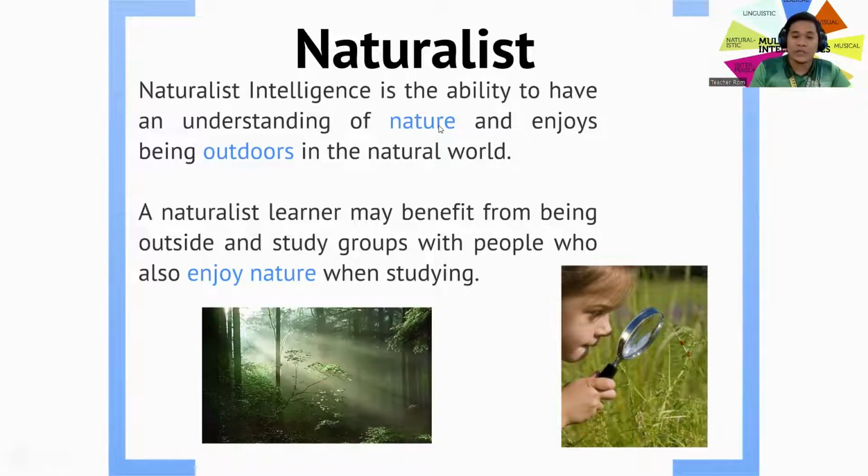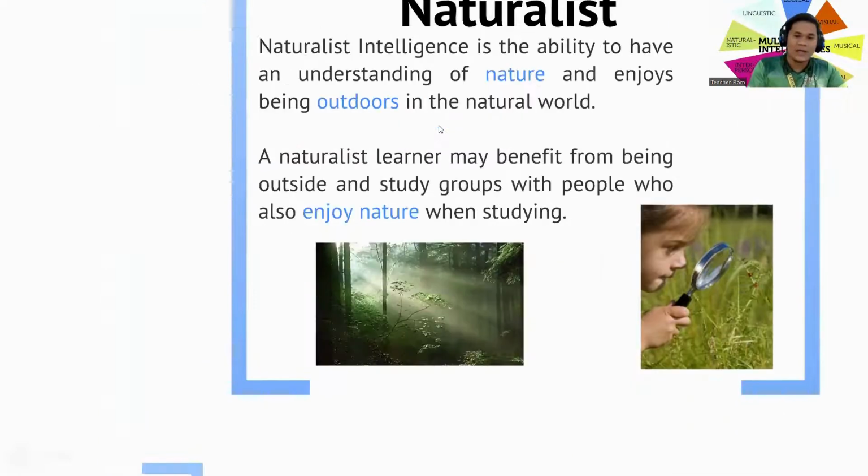A naturalist learner may benefit from being outside or in study groups with people who enjoy nature when studying. That's why some other teachers love to go to outdoor activities, observational activities. So some of our science teachers may have these activities. So these are the naturalist learners.